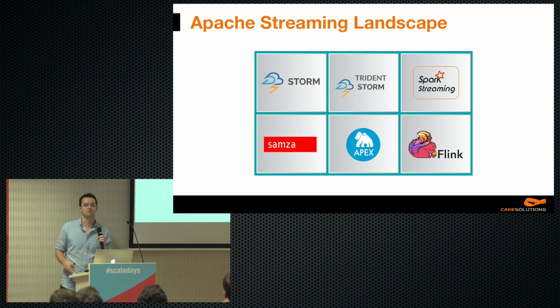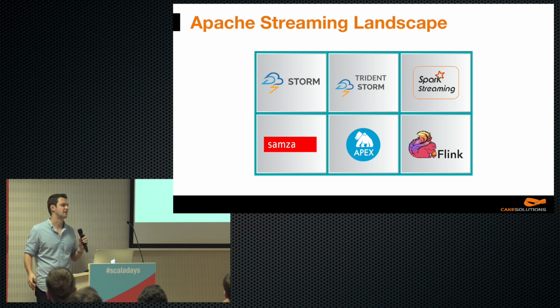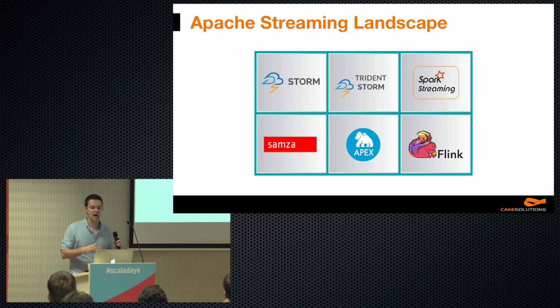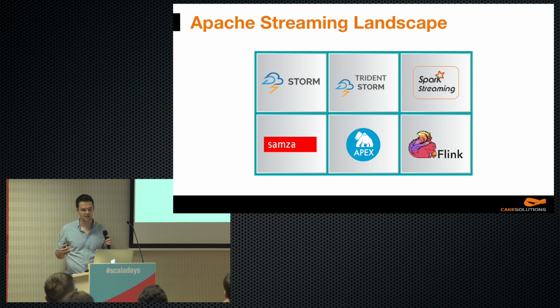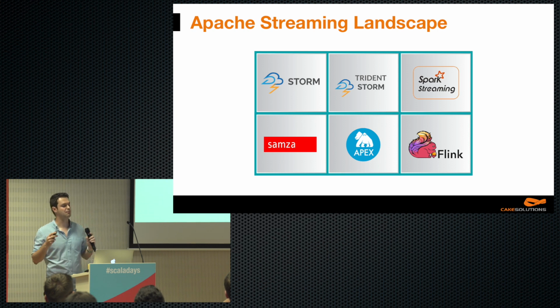There is a number of diverse frameworks available, and it's literally impossible to cover all of them in just one session. So I have been forced to limit it somehow, and I decided to go for popular streaming solutions from the Apache landscape. Therefore, we are going to focus on Apache Storm and its sibling Trident, and on the streaming module of the very popular Spark. We are also going to talk about the streaming system behind LinkedIn named Samza.